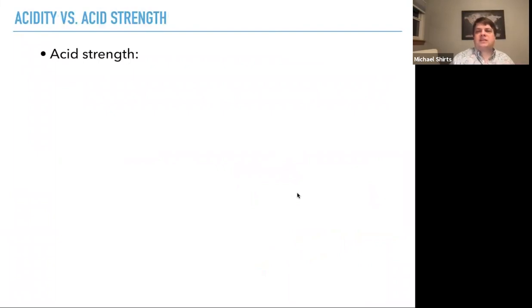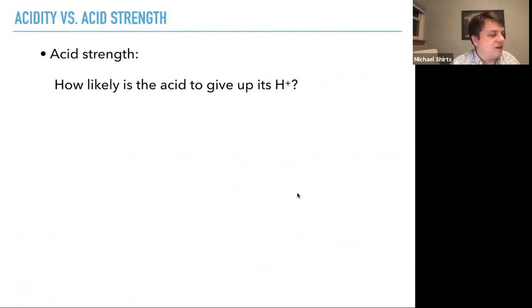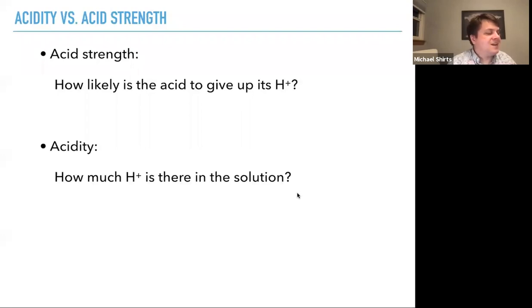One important thing to talk about for a second is to distinguish between acidity and acid strength. Acid strength is how likely the acid is to give up its H+, whereas acidity is how much H+ is there in the solution. So if you have a weaker acid, but you have more of it, the solution can actually be more acidic if there is sufficiently much of that weaker acid. Because what makes acids important is the amount of H+.